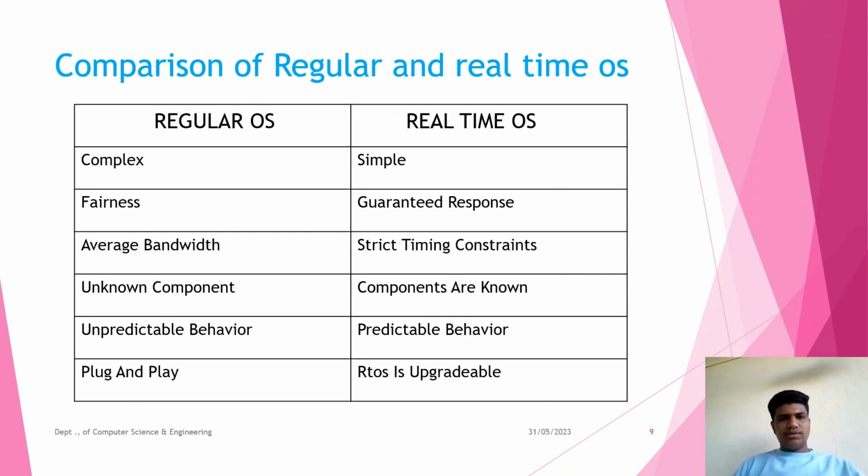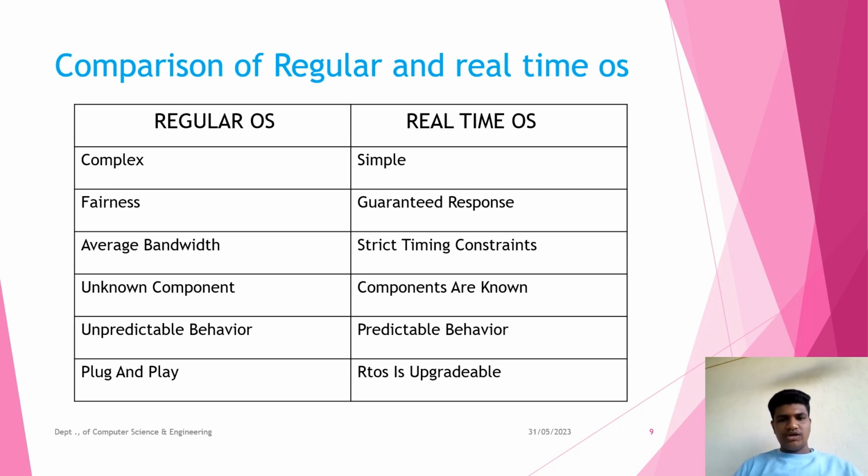Next we discuss a very interesting topic, comparison between regular and real-time operating system. The design of a regular operating system is complex compared to a real-time operating system. A regular operating system is about fairness, a real-time operating system is about guaranteed response. In a regular operating system, average bandwidth is provided.